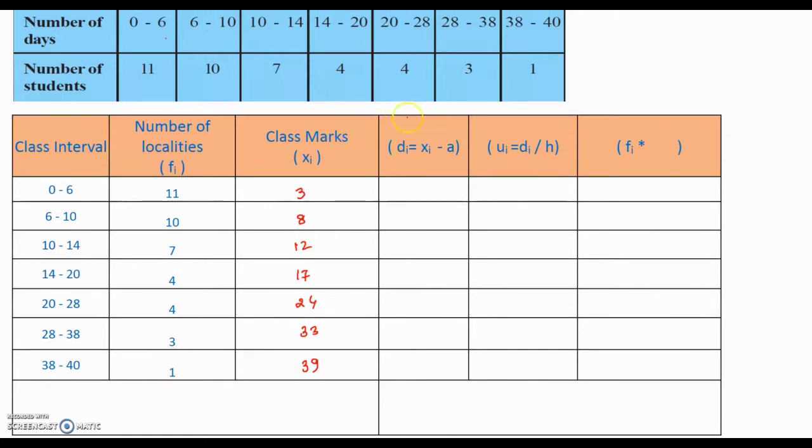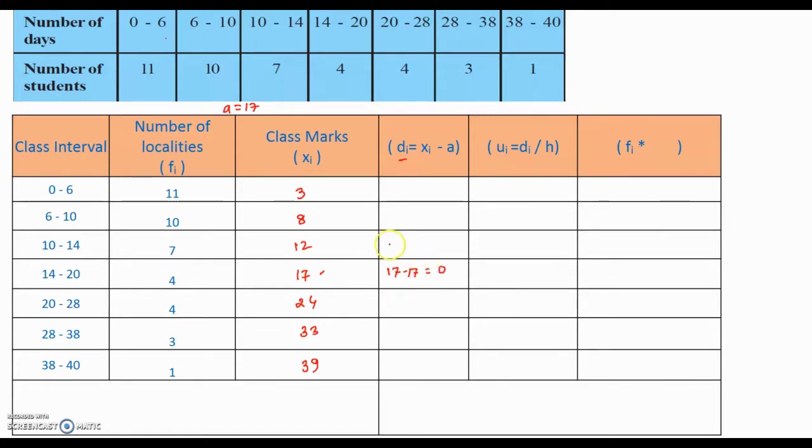Okay, now you have to find the differences. To find the differences, you will have to take an assumed mean. Somewhere midway it is 17, so we'll take A as 17. Let us find the deviations of all the class marks from 17. 17 minus 17 is 0.